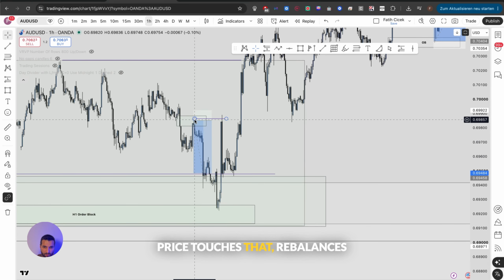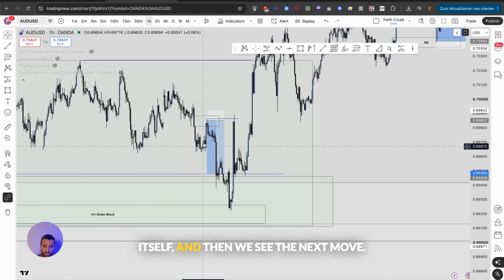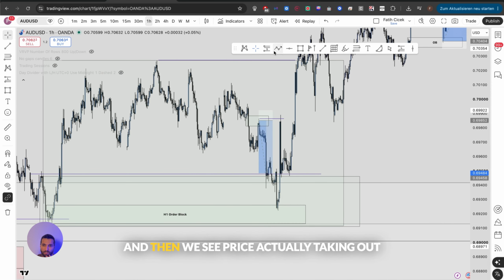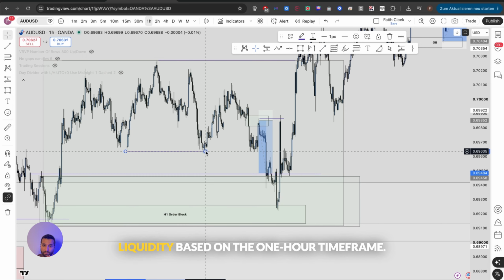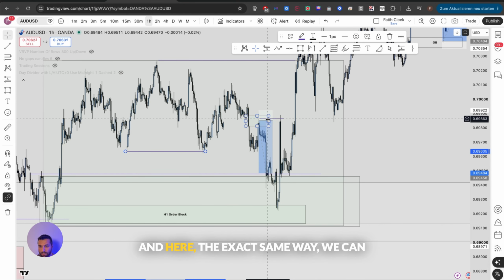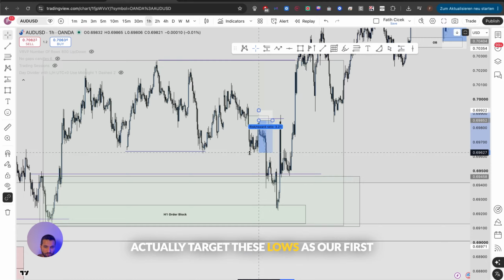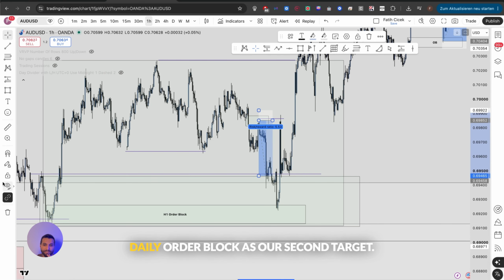Price touches that, rebalances itself, and then we see the next move. And then we see price taking out these relatively equal lows over here. So that is internal range liquidity based on the 1 hour time frame. And here, the exact same way, we could target these lows as our first target, and then target the daily order block as our second target.